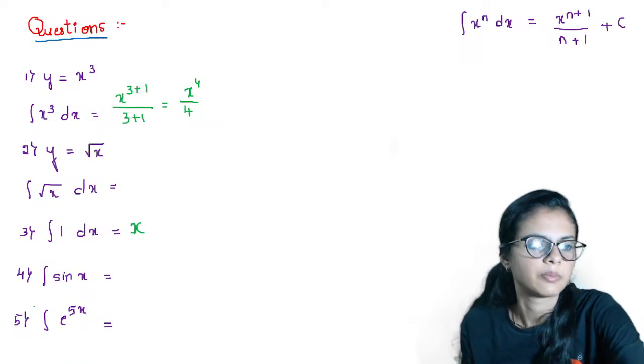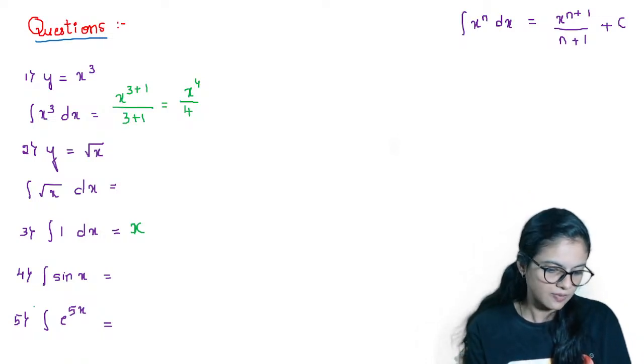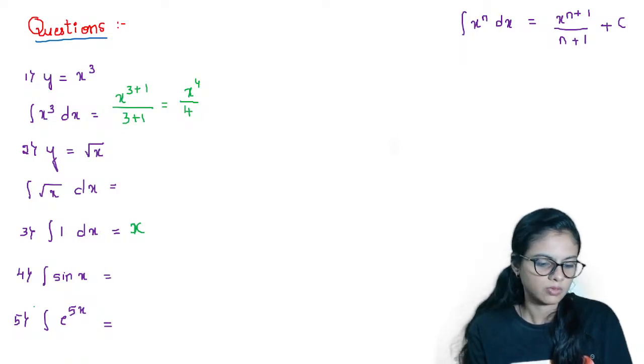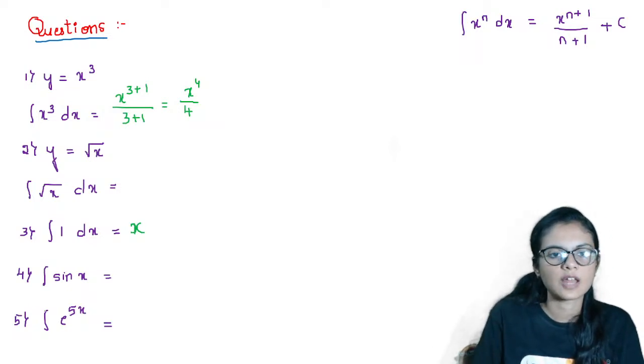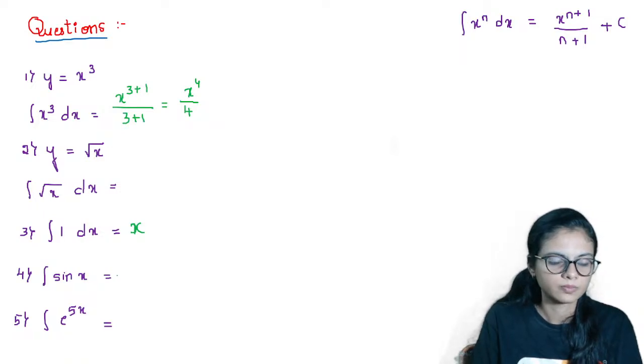Let me just check it. 5 into e power 5x for the fifth. Oh no, that's not right. What's the answer? So, what's the answer for the fourth one? It is direct.